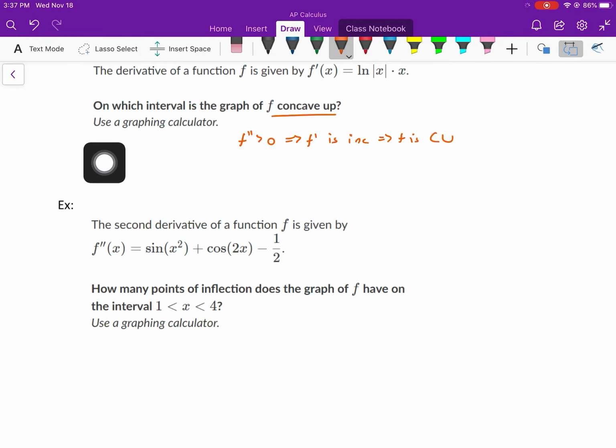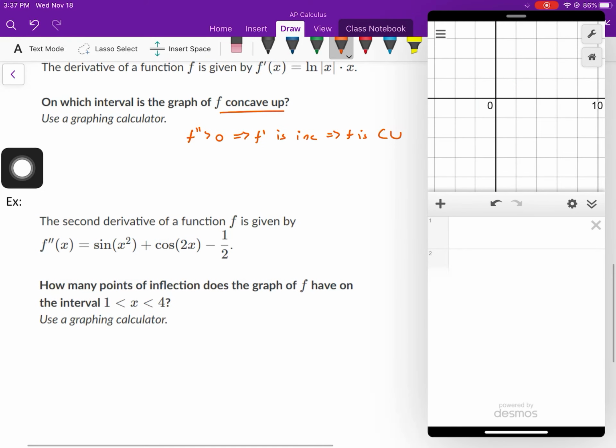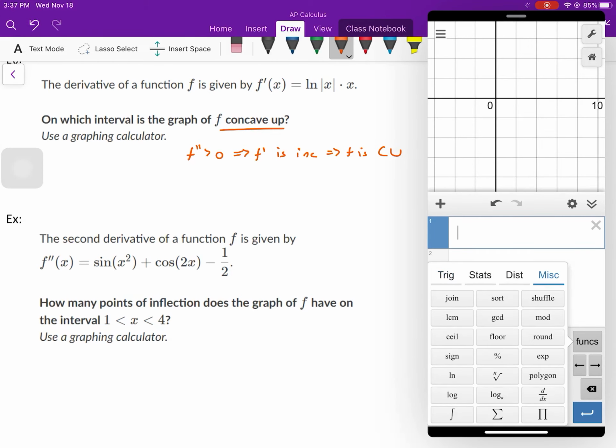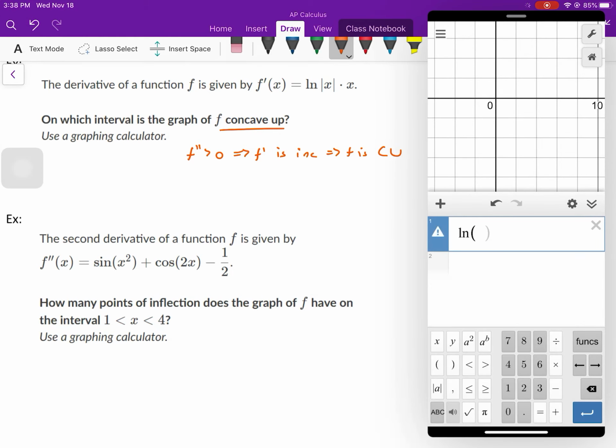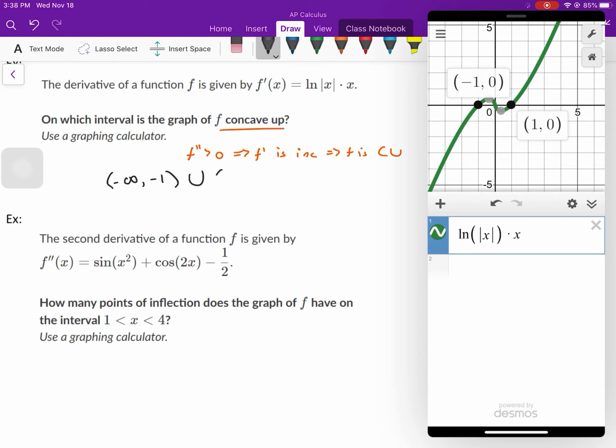So if we have f prime, let's look to see where that is increasing, and that'll tell us where f is concave up. So here's our graph, and it's increasing to the left of -1. And so we'll put a union, that's the big U like that, and from 1 to infinity.